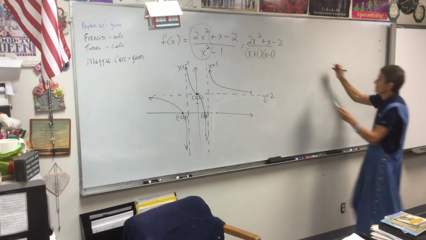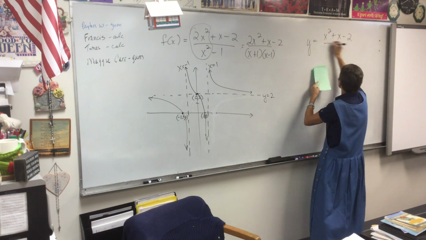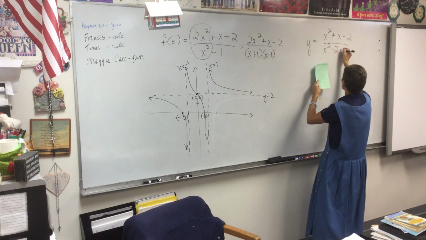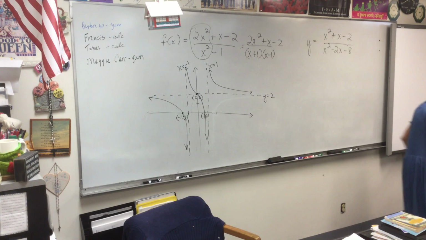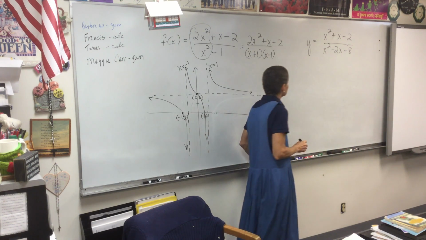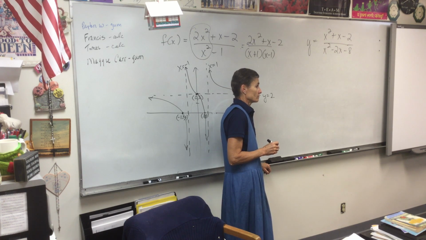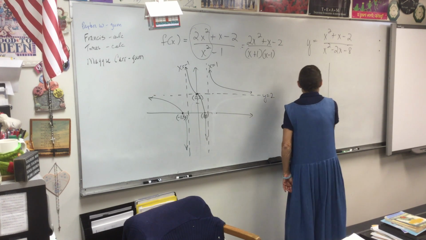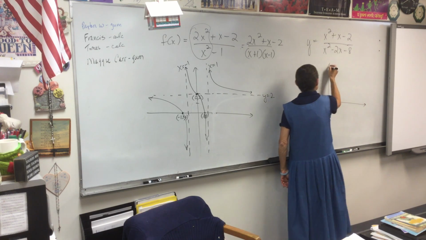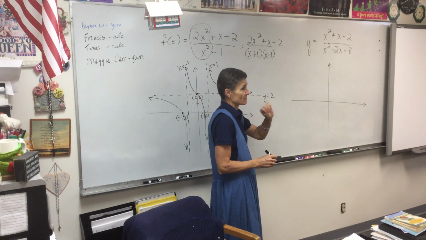All right, what about this one? This is not in your book. I made this one up. So in order to sketch this now, the only required things are your asymptotes, holes, and intercepts.